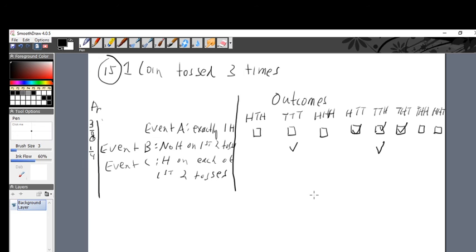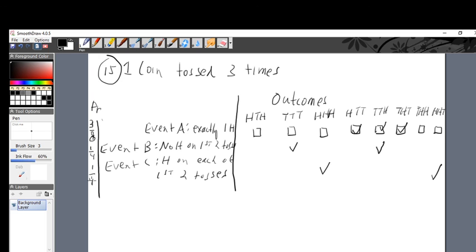Now, what is this? Heads on the first two tosses? Not there. Not here. Yes, here. Not here. Not here. Not here. Not here. But yes, here. First two tosses. So this is good. And therefore, it's 2 out of 8, and the answer is 1/4.